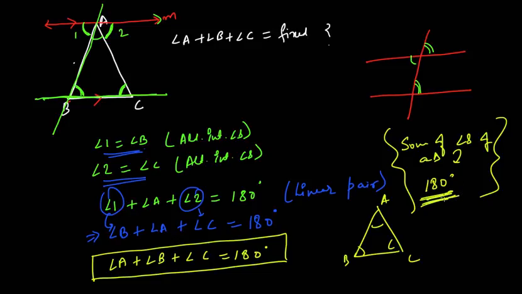It will always be exactly equal to 180 degrees. Say if this is 90 degrees, this is 30 degrees, then this has to be 60 degrees in order to satisfy this condition. So always remember that the sum of angles of a triangle is equal to 180 degrees.